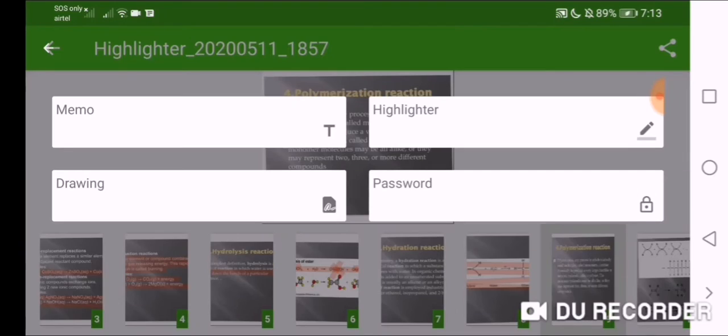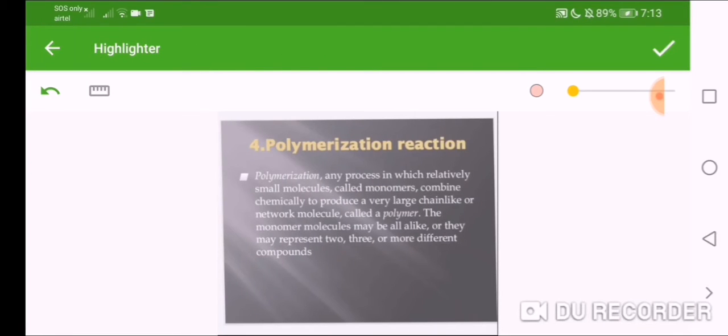The next slide is about the polymerization reaction. In a polymerization reaction, small molecules called monomers combine chemically to produce a very large chain-like network molecule, and these are called polymers. In polymerization, the small compound is called the monomer.